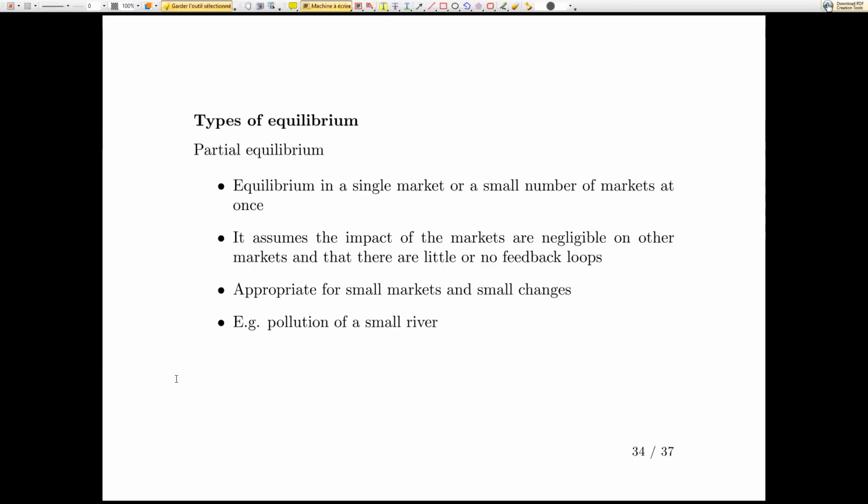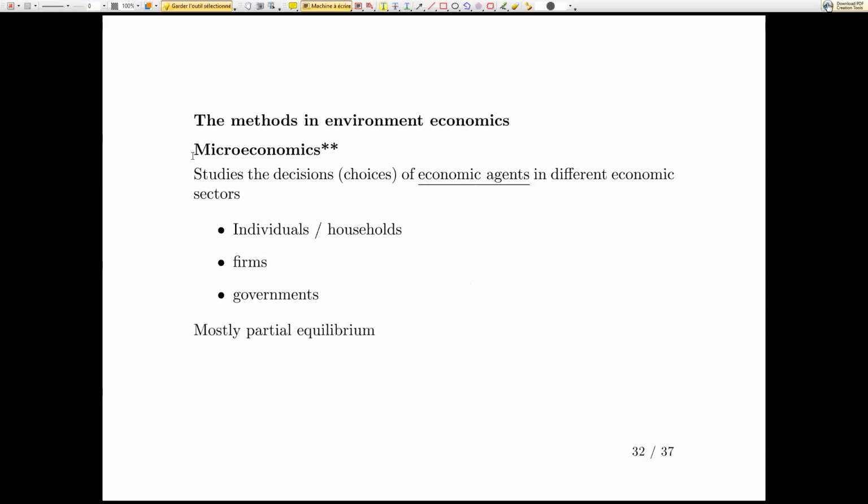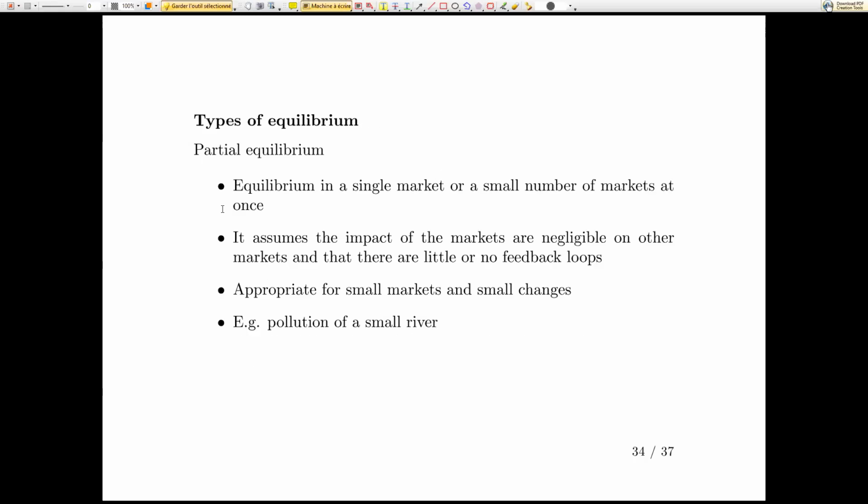All right. Types of equilibrium we're going to see. So this is linked to microeconomics. So microeconomics is partial equilibrium mostly. So it's a single market at a time and a small number of markets. And it abstracts the rest.